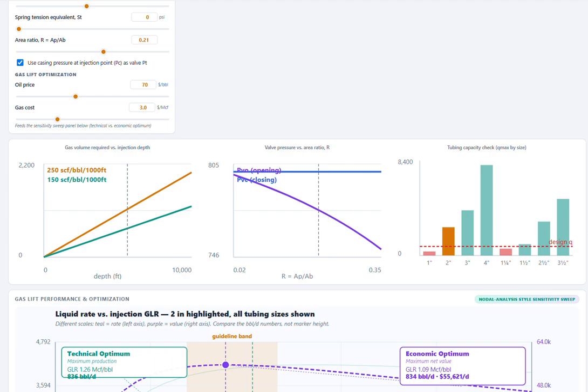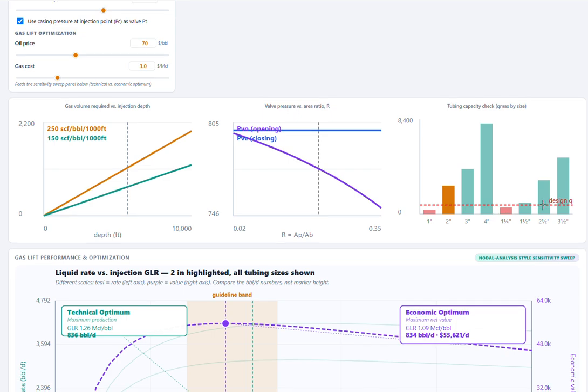Now let's move to the tubing capacity chart. Imagine we're targeting a higher production rate. Can we just keep increasing production indefinitely? Of course not. At some point, the tubing becomes the limiting factor.